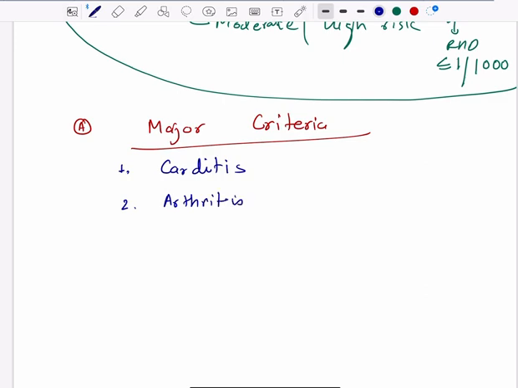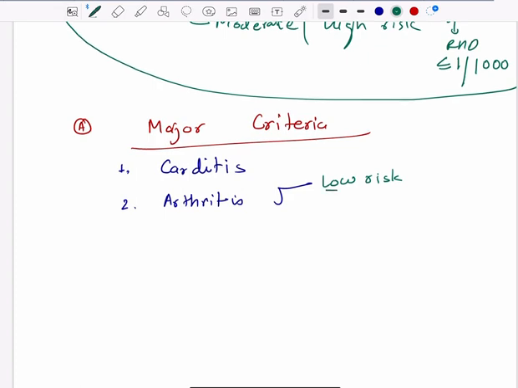Now in arthritis, if you are looking at low risk, what is the low risk criteria as per the guidelines? It is less than or equal to 2 per 1 lakh school-going children with acute rheumatic fever, or rheumatic heart disease cases less than or equal to 1 per 1000 population.